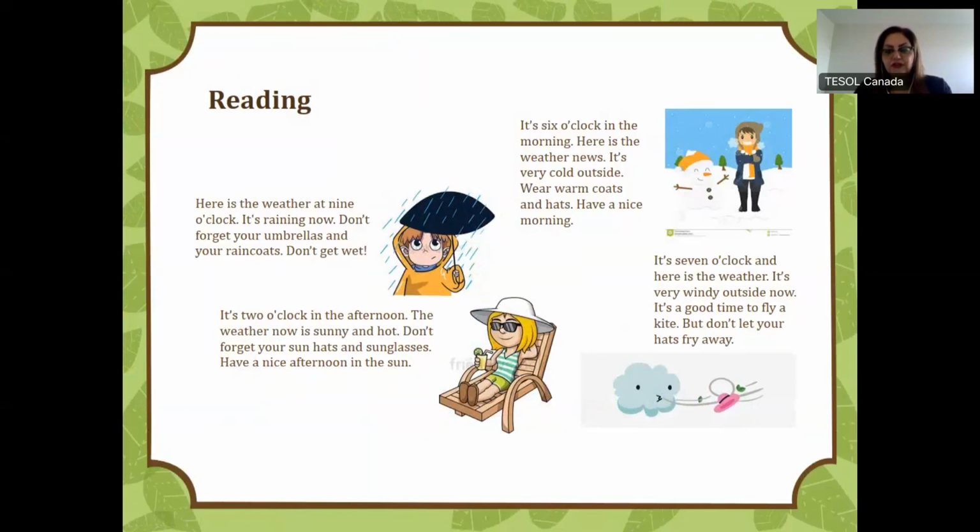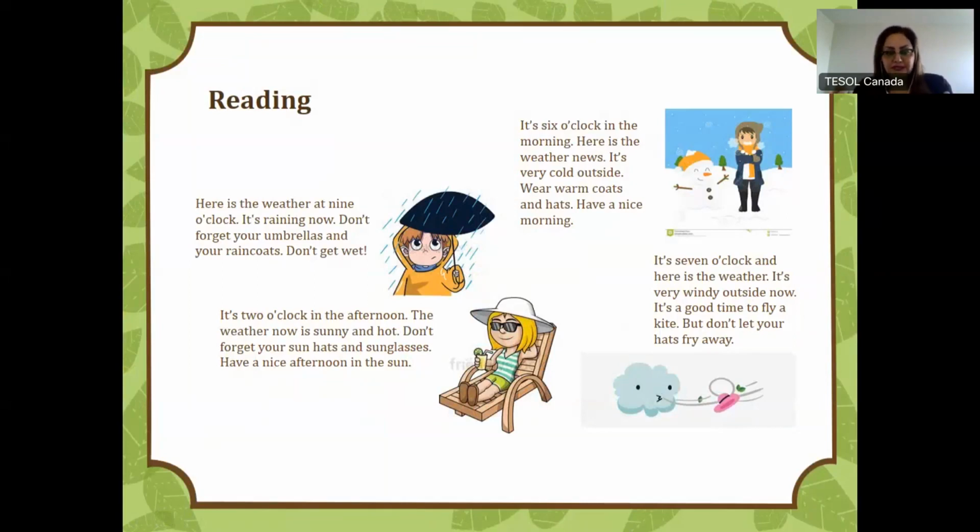Is it in the evening or is it night? Because it said in the morning it's raining, in the afternoon it's sunny, at 6 o'clock in the morning it's very cold, at 7 o'clock it's windy. So I want you to find what time it's talking about and when it is.